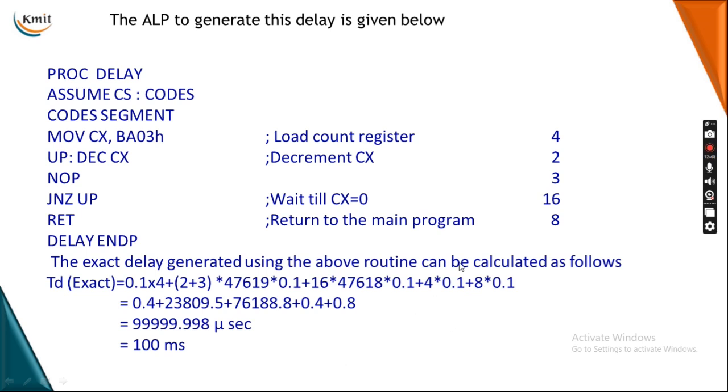If you do all these calculations, using the count value 47619 that we calculated before, it gives the value of 100 milliseconds, the generation of a 100 millisecond delay.